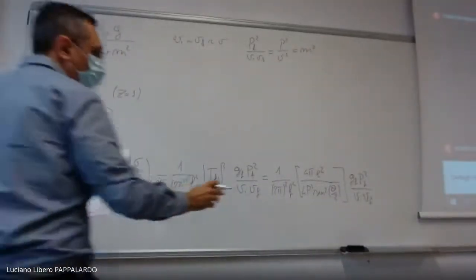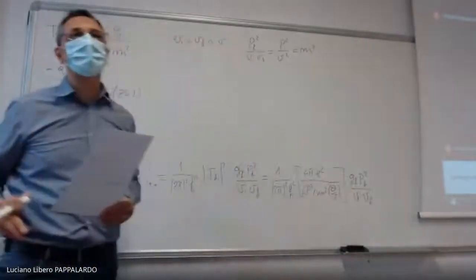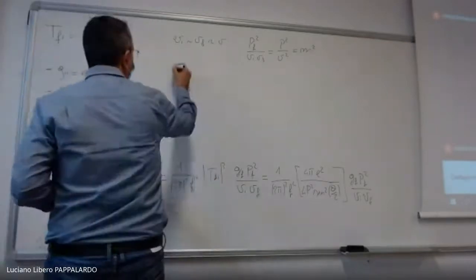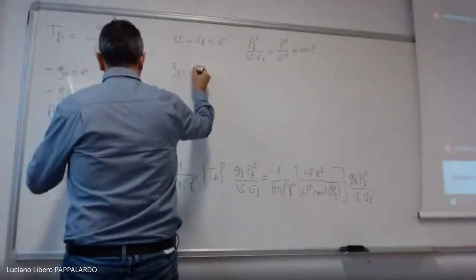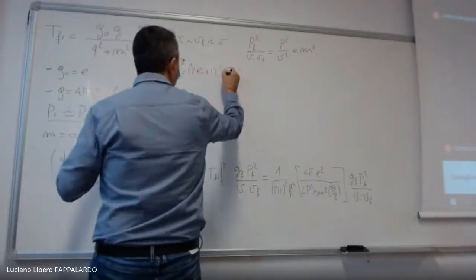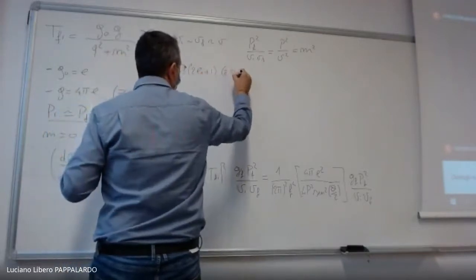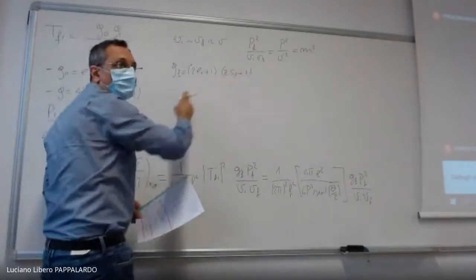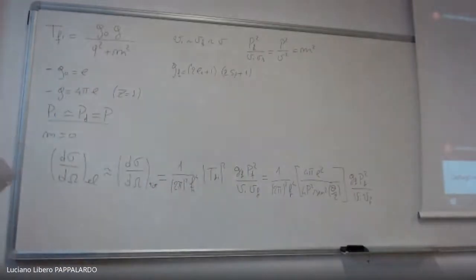What about now the spin multiplicity? In this very simple approximation, we are neglecting spins of all particles. So g_f is equal in general to (2 s_e plus 1)(2 s_p plus 1), for the spin of the electron and the spin of the proton. We are now working in the spinless approximation.